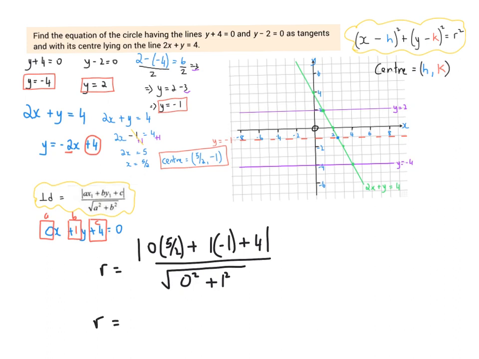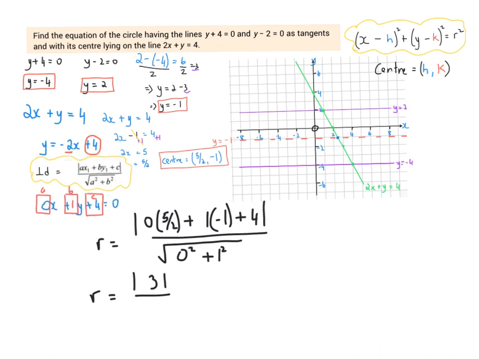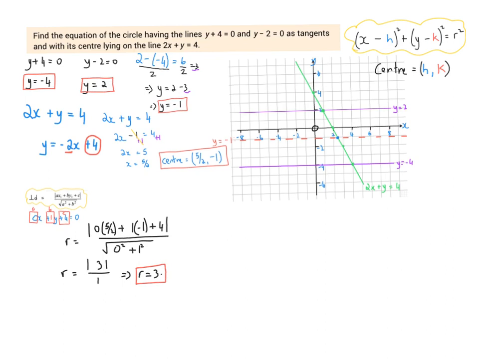So r is equal to the absolute value of 0 plus minus 1 plus 4, which is 3, all over the square root of 1 squared, which is the square root of 1, which is 1, which implies our radius is equal to 3. Okay, and so that's the last bit of information that we need to substitute into our equation of the circle formula.